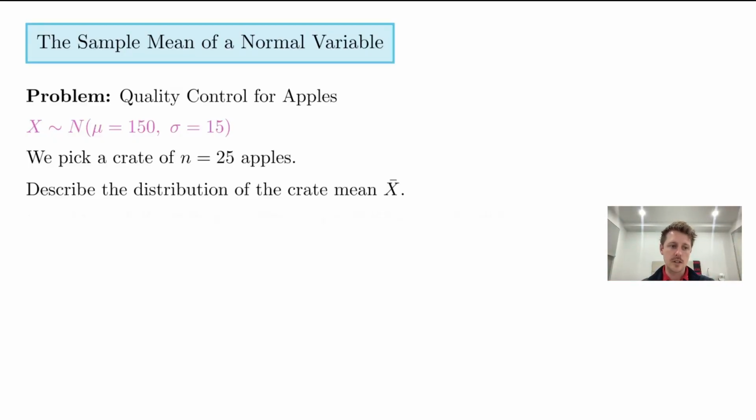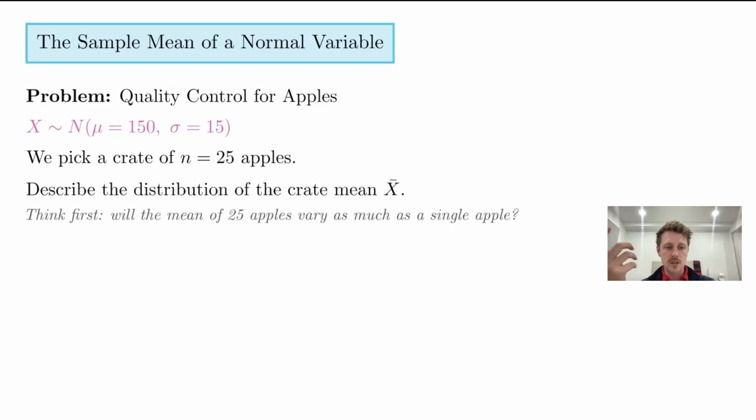And here's a question to get us thinking. The first thing I want us to think is, will the mean of 25 apples vary as much as a single apple? Just pause and think about that for a second, because I think this gets to the core of the question. So you've got your apple orchard. If you were to select a random apple, you could select one that's 190 grams, or you could get one that's 130, so sort of at both ends.